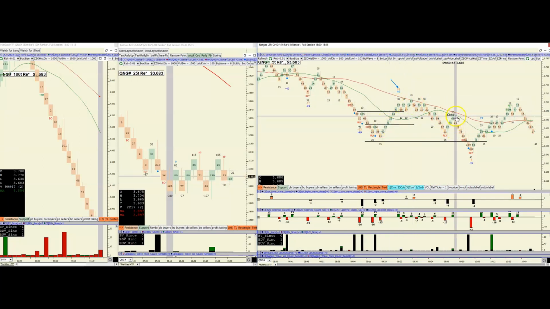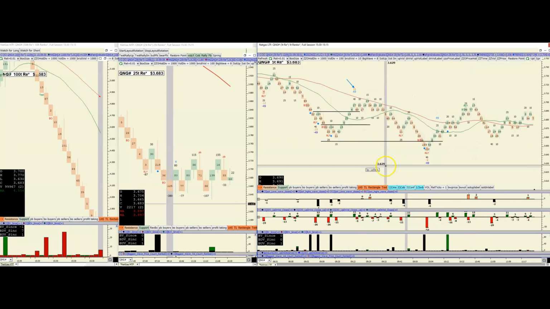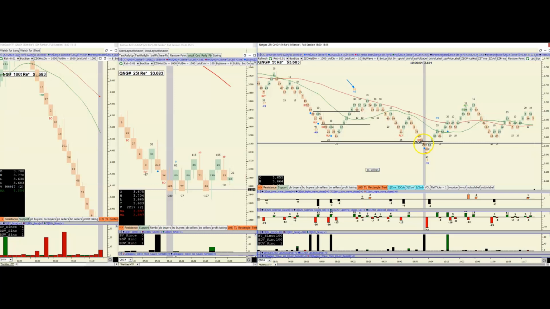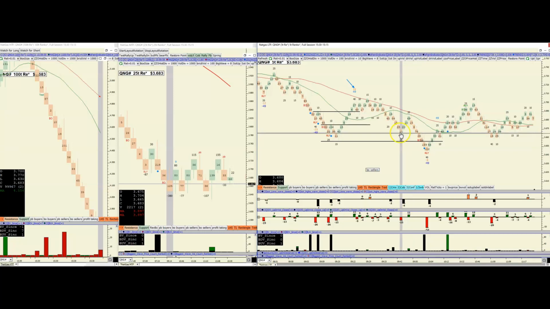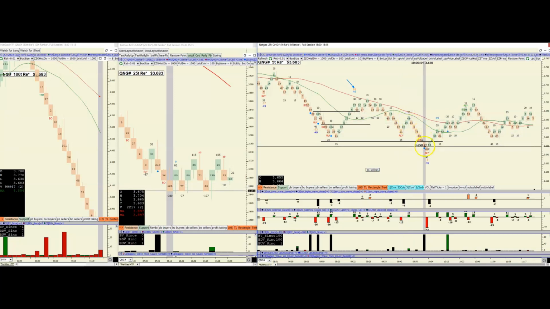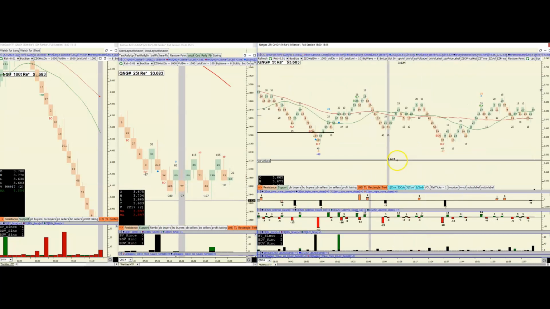These are pullback buyers. They both are out right there. And the ones who shorted early on are also out. They're shorts plus breakout buyers' stops plus pullback buyers entering here, all being taken out.